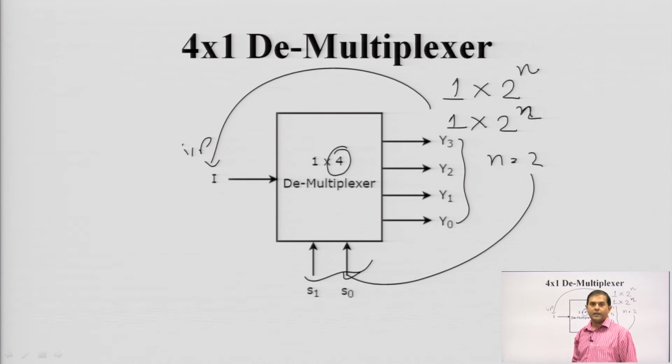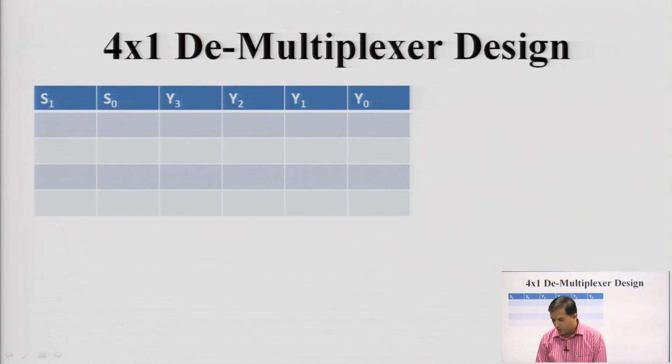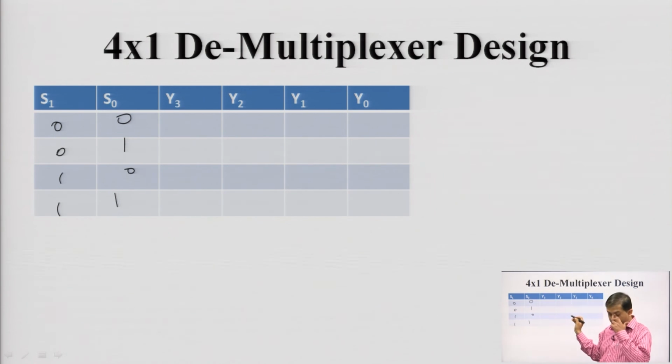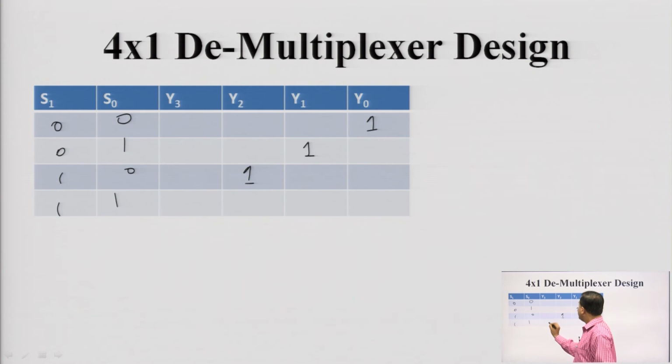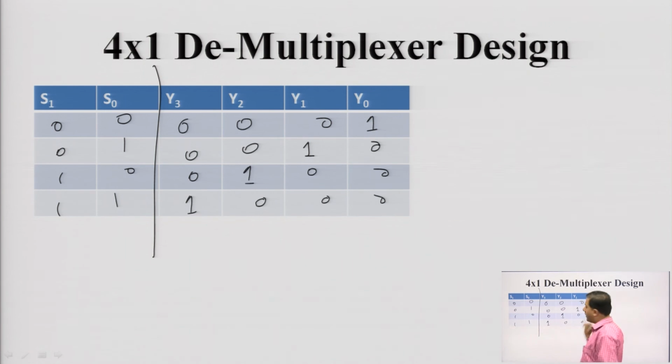So, the design is like that. For the select combinations 00 01 10 11, for 00 the output will be for this, for 01 this, for 10 this, and for the remaining it will be 0. So, this is for select lines and this is for outputs.